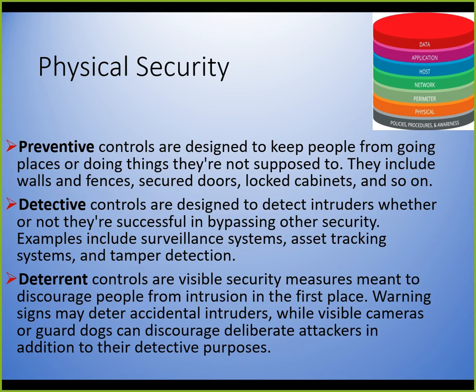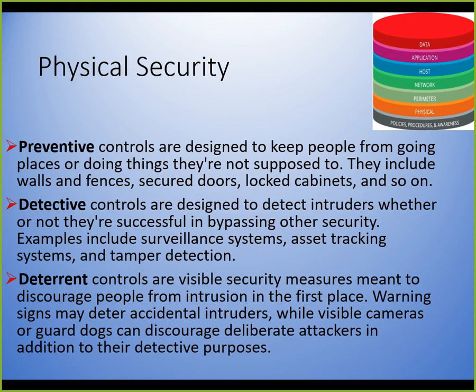The preventive controls keep people from going places and doing things that they're not supposed to do. These are going to be fences, walls, doors, locked cabinets, locked doors, those sorts of things. Detective controls detect intruders, whether or not they're successful in bypassing the preventive controls. Those will be surveillance systems, asset tracking systems, tamper detection.